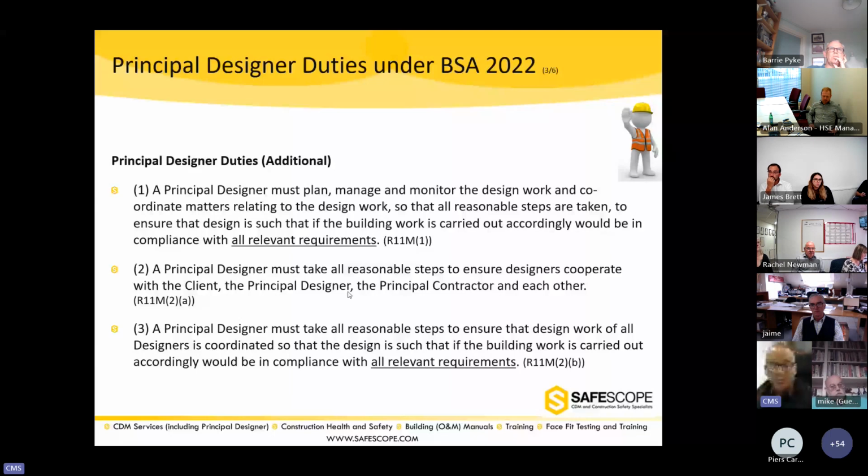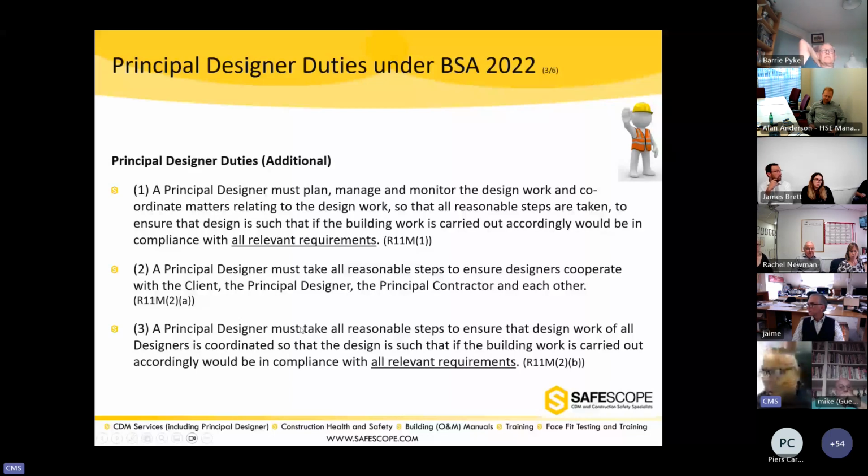And that's where the function of a principal designer will come in, to guide and assist the whole team to say how the building regulations will work, or any queries, etc. And you can imagine the knowledge that a principal designer will need to be able to answer those queries. A principal designer must take all reasonable steps to ensure the designers cooperate with the client, the principal designer, and principal contractor.